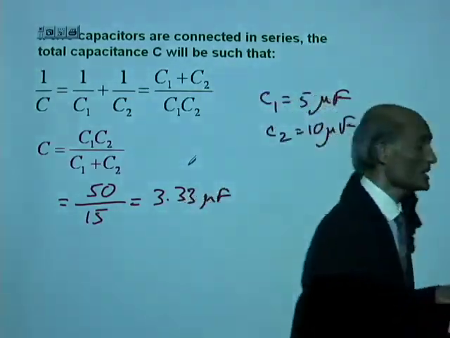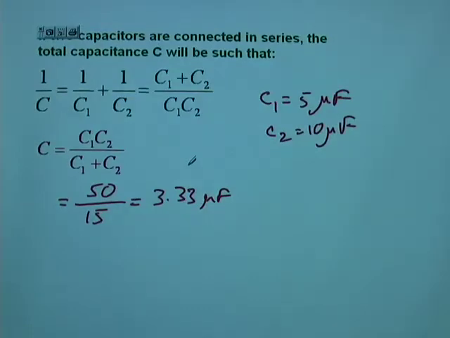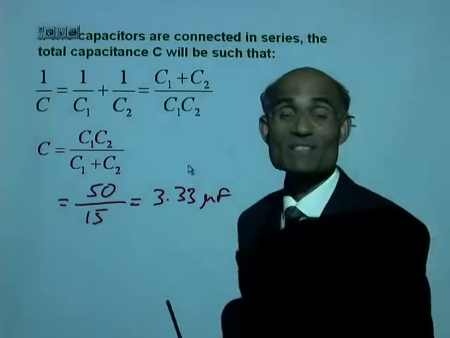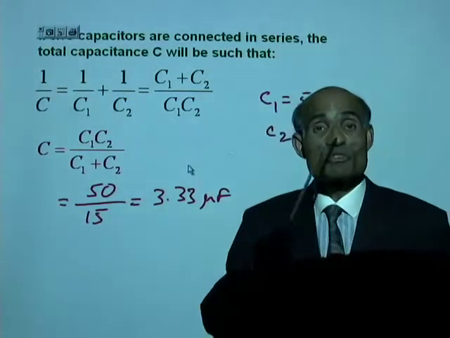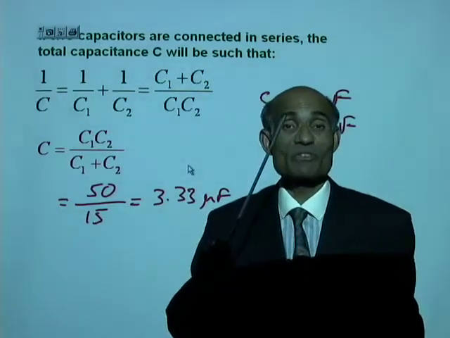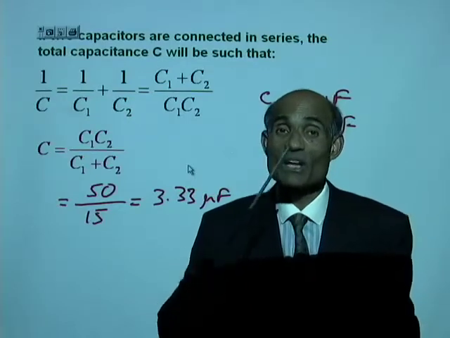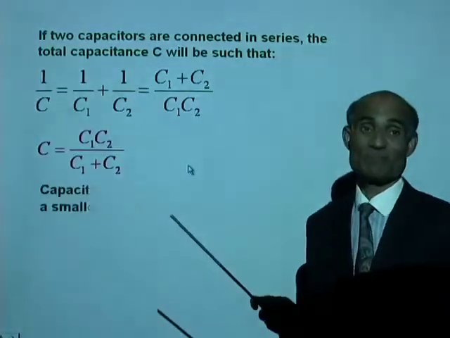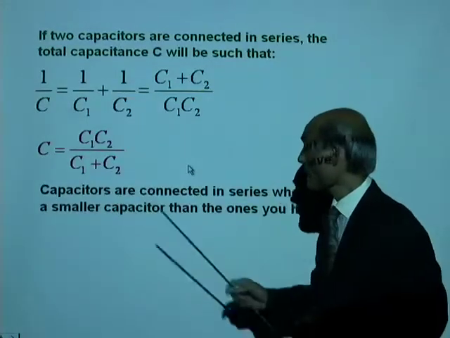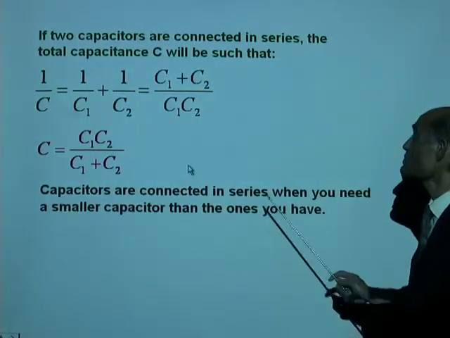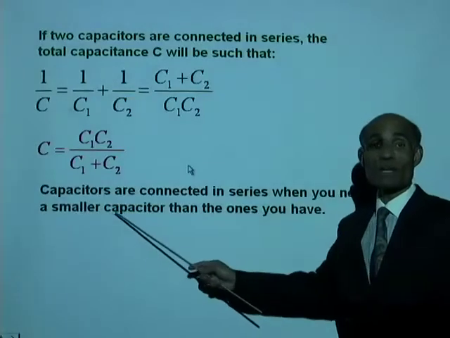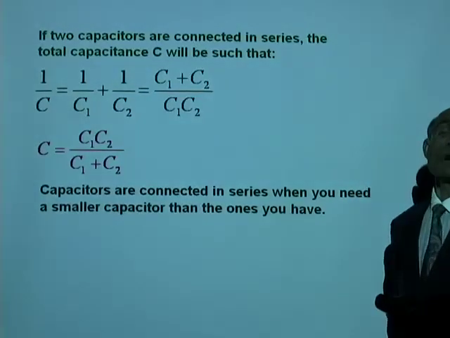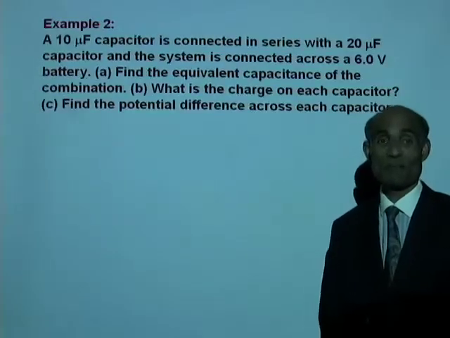So that is the idea of connecting capacitors in series. When capacitors are connected in series, the total value of the capacitance will be less than the smallest of the capacitors used in the circuit. Capacitors are connected in series when you need a smaller capacitor than the ones you already have.